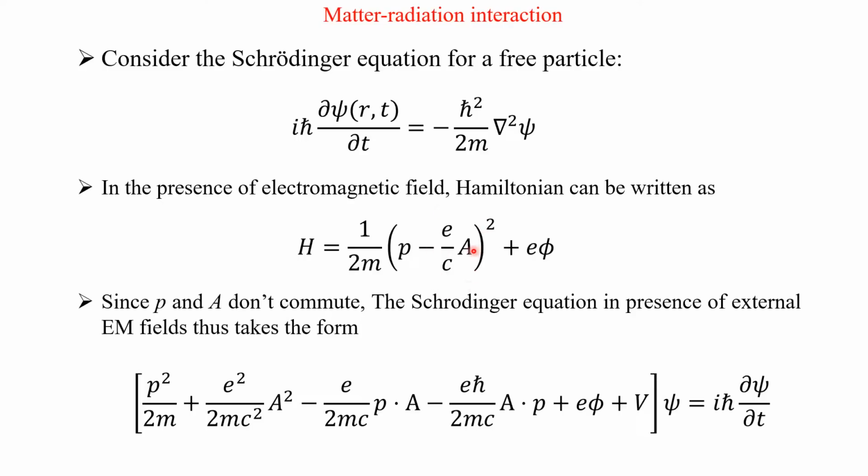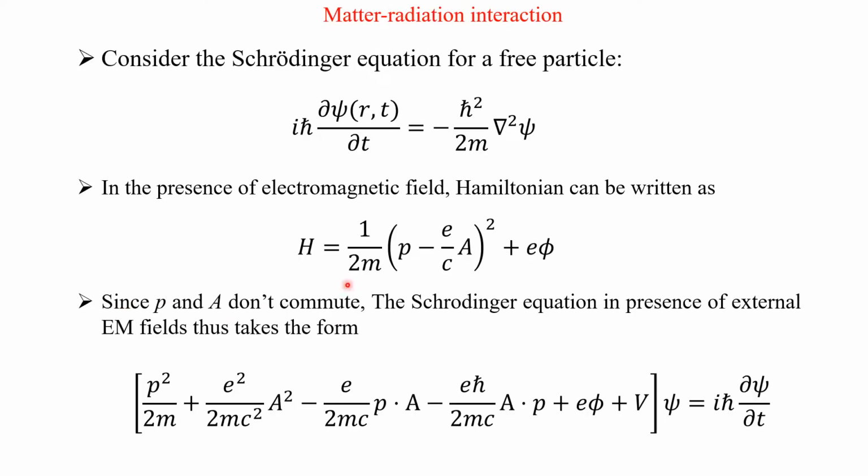This A we have seen in my previous class, semi-classical treatment part 1. A is the vector potential and φ is the scalar potential, and we have seen these two are the auxiliary parameters.